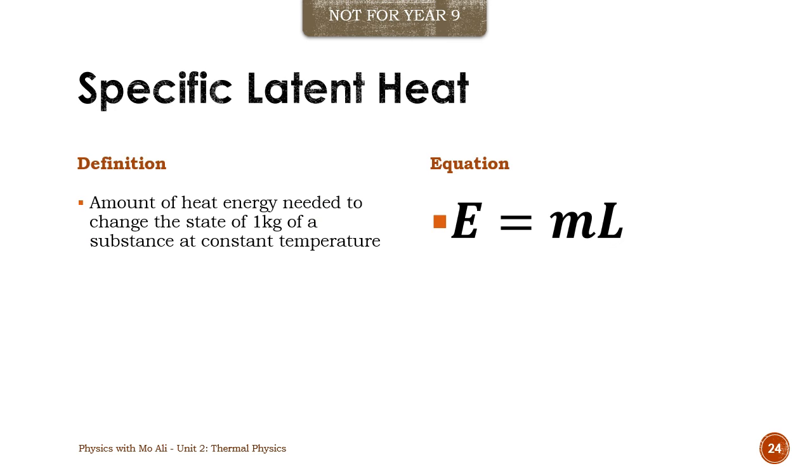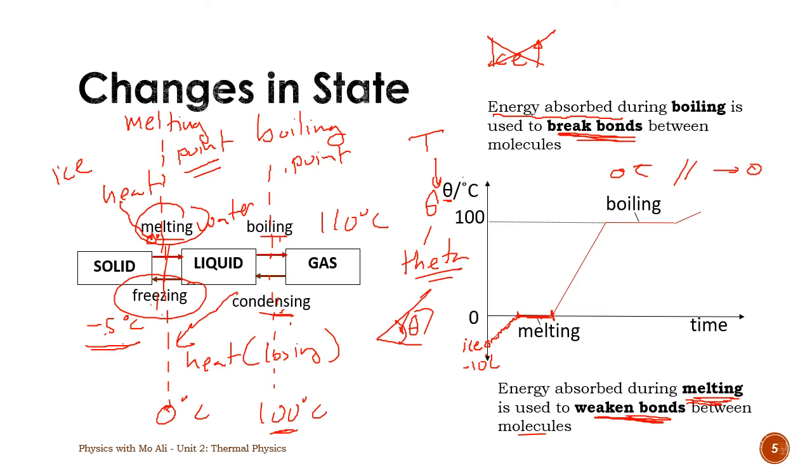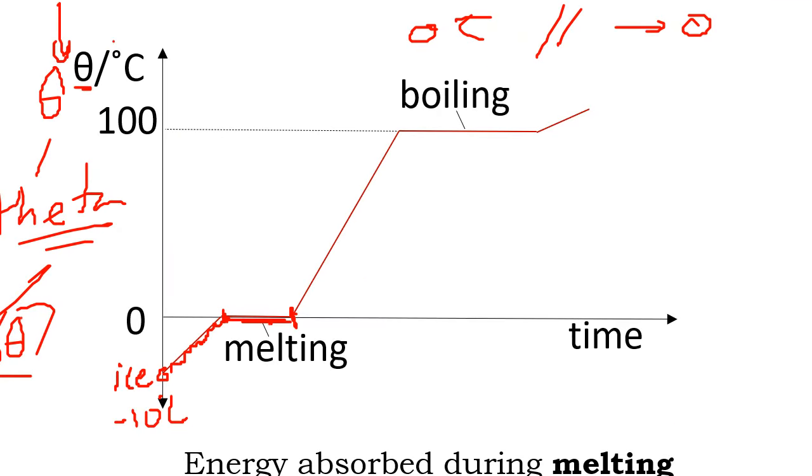Finally, specific latent heat. Heat capacity is great if you want to change the temperature, raise the temperature of an object by 1 degree Celsius. But remember, during melting and boiling, we said that the temperature, I'm just going back to that graph, the temperature stays constant.